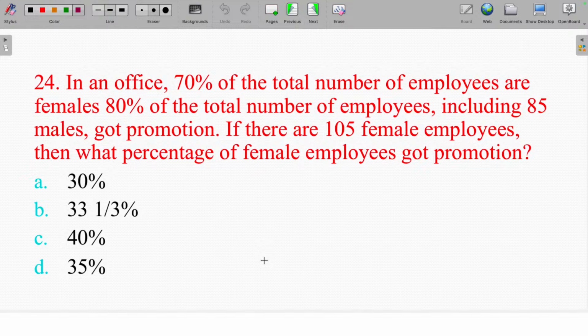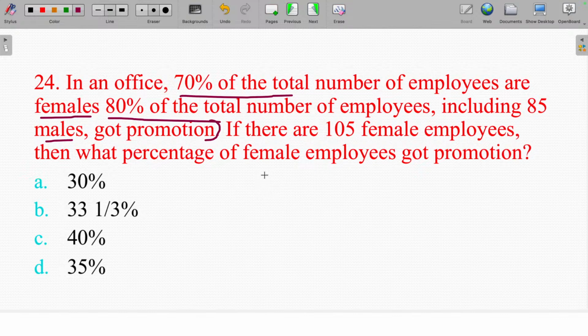Okay, solve this question. 24th question, easy. Slowly you try.